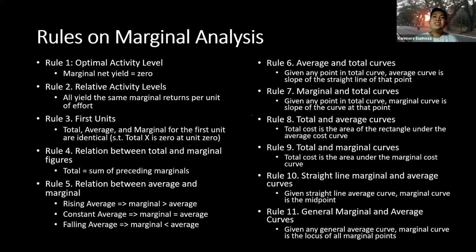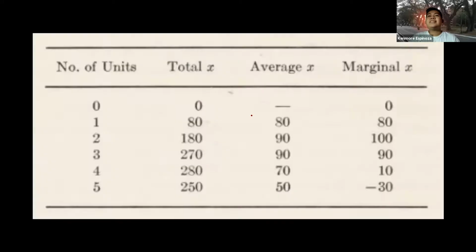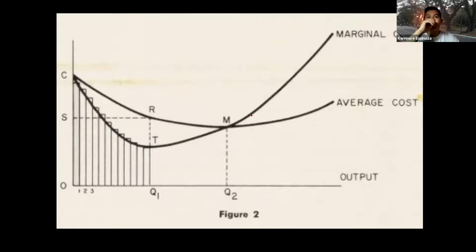Next, what is the relationship now with average and total curves? Rule number 6 and rule number 7, dito lang yan. Out from your average and your marginal curve, your total is just the rectangle.